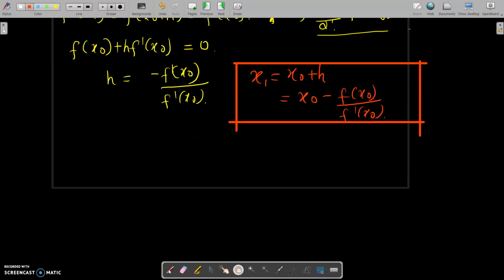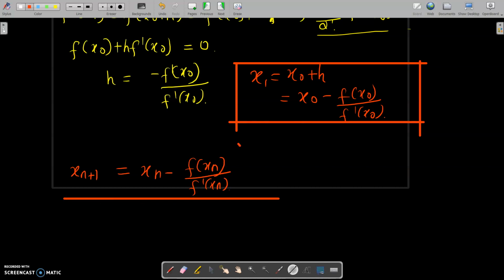The successive approximations can be found by using the formula x(n+1) = xn - f(xn) / f'(xn), which is the general equation for the Newton-Raphson method.